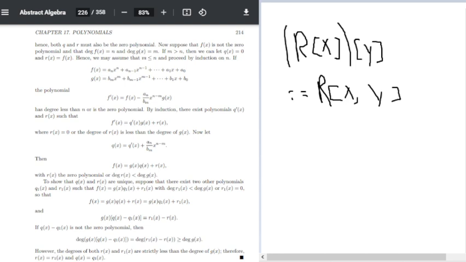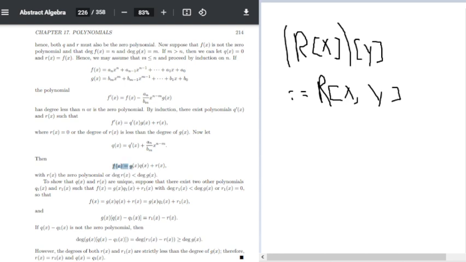By induction, there exist polynomials q prime of x and r of x such that f prime of x equals q prime of x g of x plus r of x, where r of x is equal to 0, or the degree of r of x is less than the degree of g of x. Now, let q of x equal q prime of x plus a sub n over b sub m x to the n minus m. Then f of x is equal to g of x q of x plus r of x.